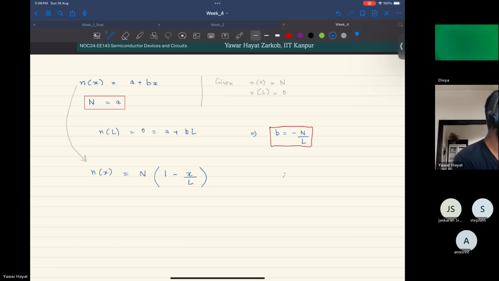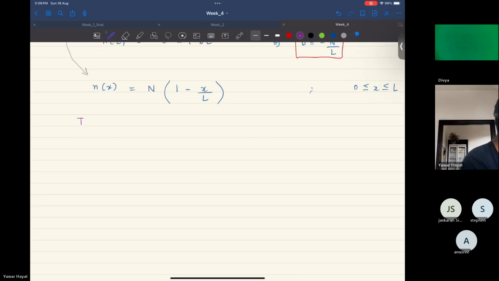And x varies something like this. Fine. And we have total electrons that is equal to concentration multiplied by volume, right?